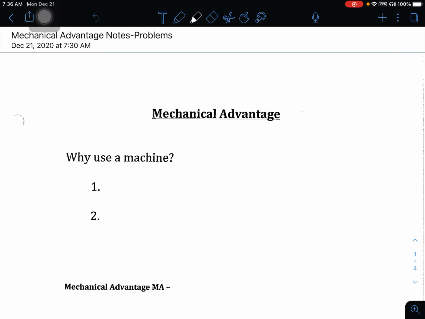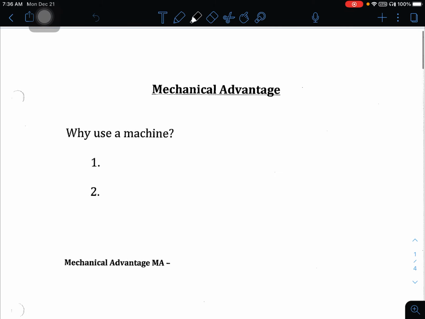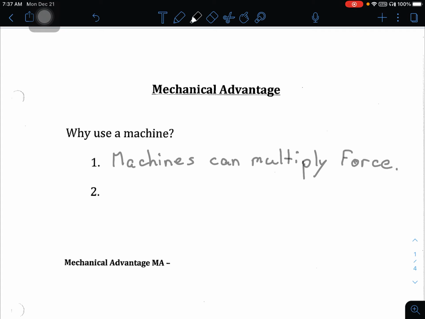Here's a basic idea that I think we've covered several times, but under the context of mechanical advantage: why do I use a machine? Because machines can do two things. Machines can multiply forces, can multiply a force and make you have more strength than you would have on your own.